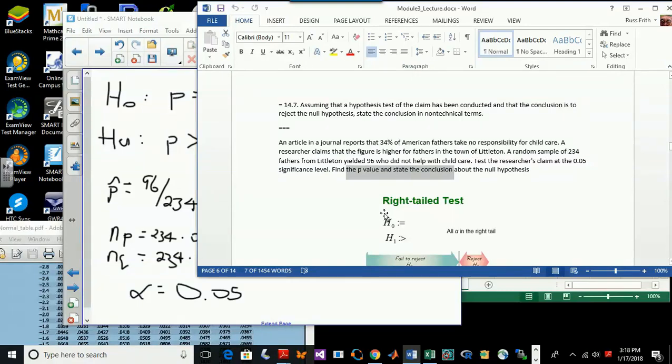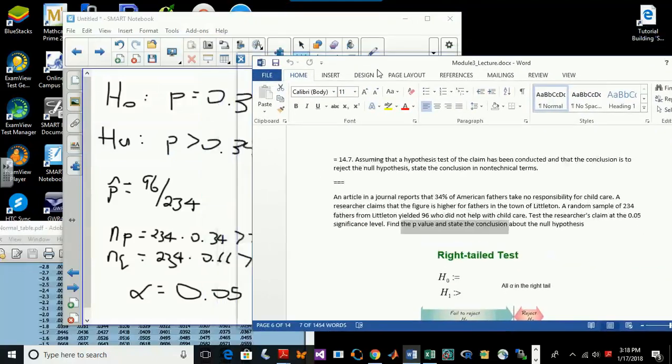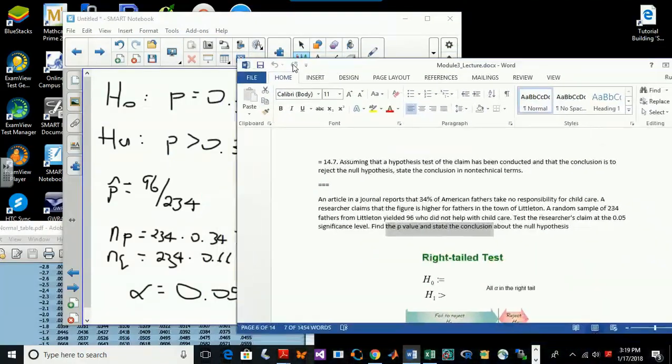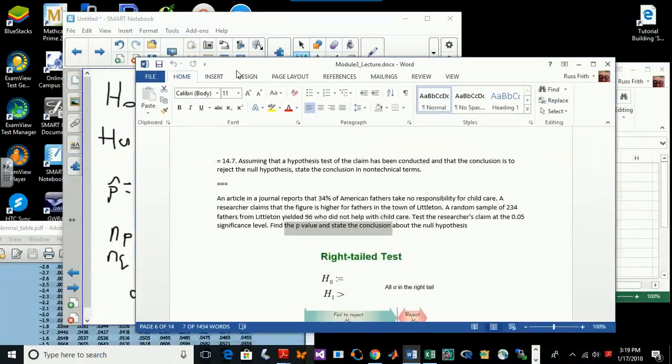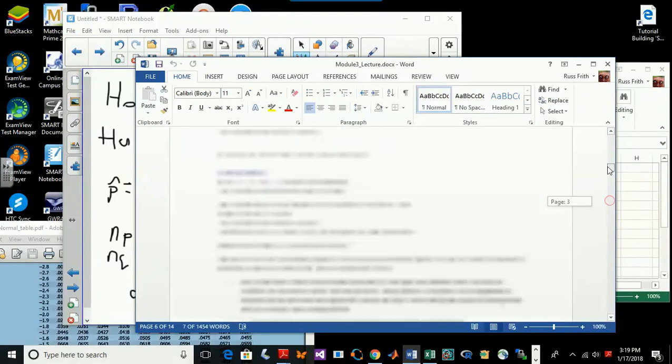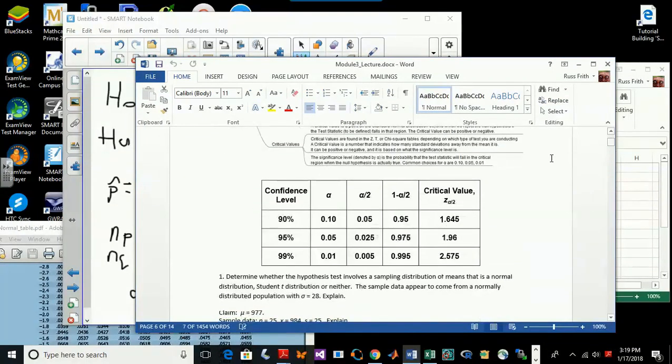So the p-value for this problem will be, alpha was 0.05, right? And so the critical value for 0.05 is what?